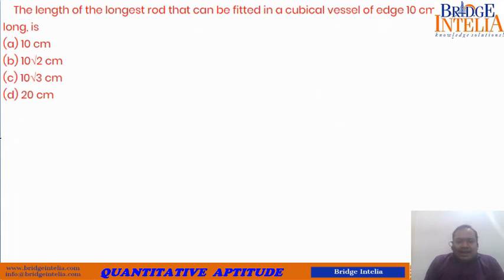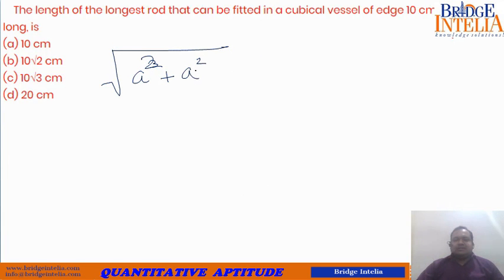The length of the longest rod that can be fitted in a cubical vessel of edge 10 centimeters. So length of the longest rod means what? The length of the diagonal. So the length of the diagonal of a cube is the under root of length square plus breadth square plus height square, which is the same in this case.